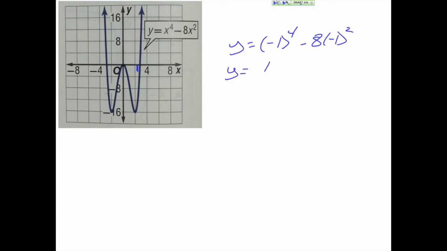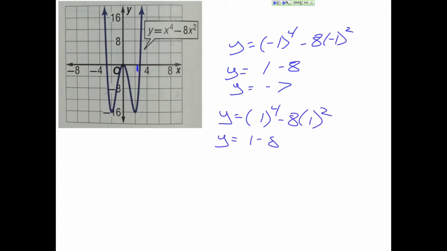That's going to give me 1 minus 8, and gives me negative 7. Now let's plug in 1. That also gives me 1 minus 8, which gives me negative 7. So since I got the same y value when I plugged in opposite x values, that means I have y-axis symmetry. That's what's going on there.